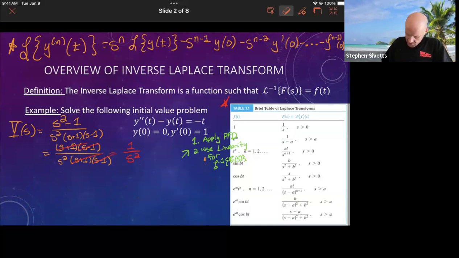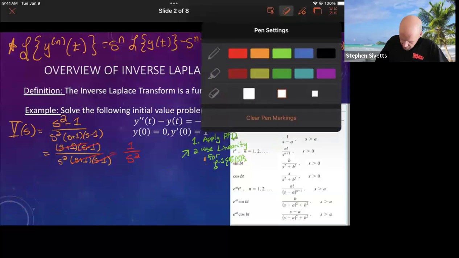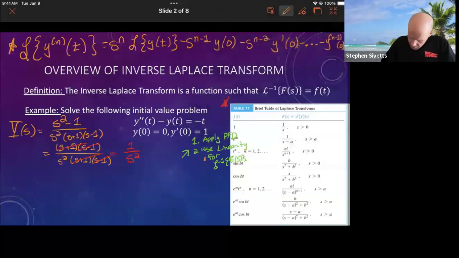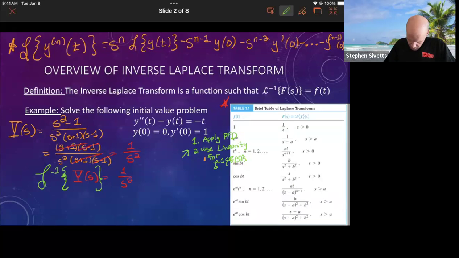All right. So now we have Y of S is equal to 1 over S squared. Now, what we're going to do is take the inverse Laplace transform of these quantities.